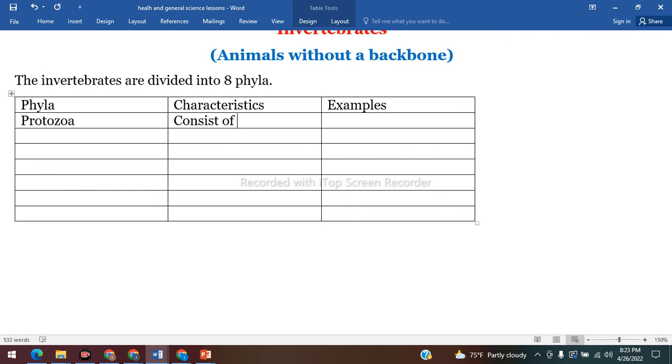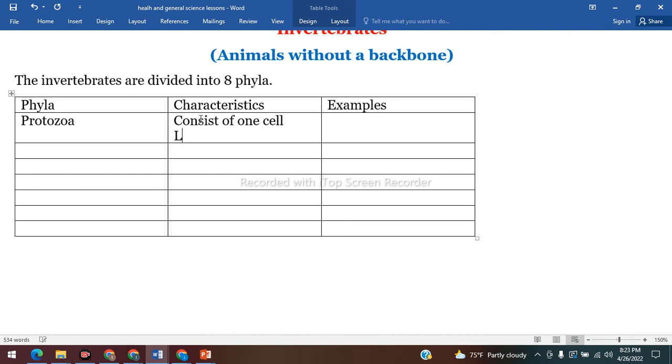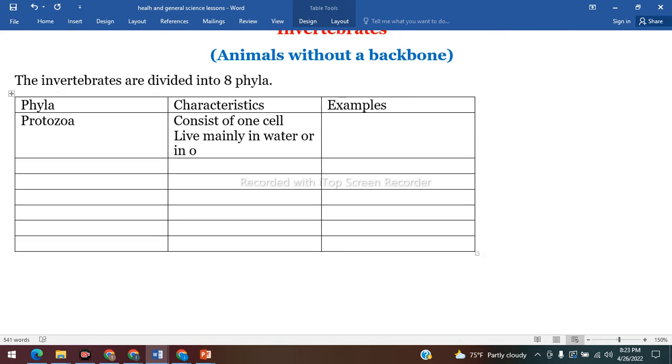Give it a guess. 3? No, it's very small. 5? Not 5. It consists of actually one cell. And they live mainly in water or in other organisms.